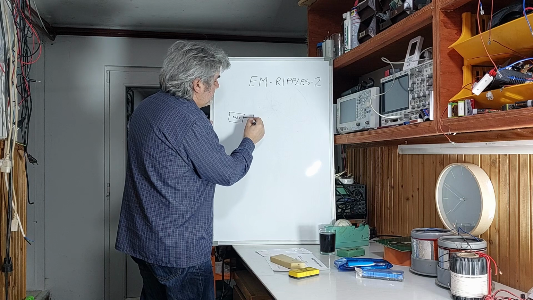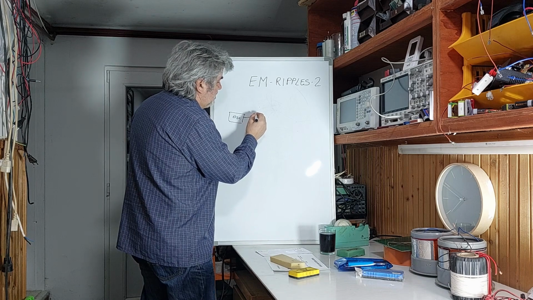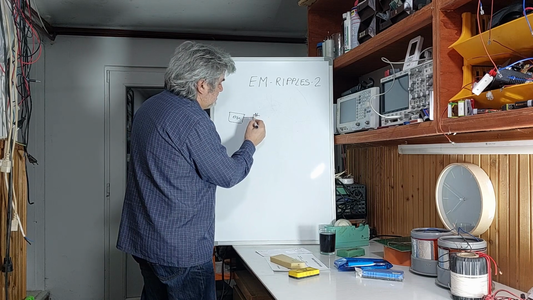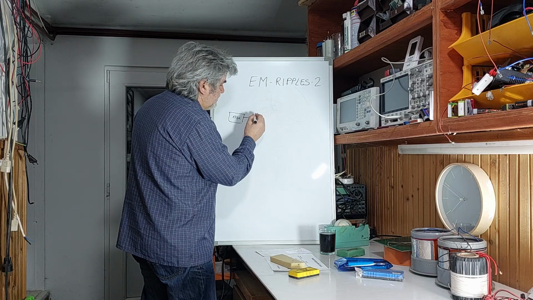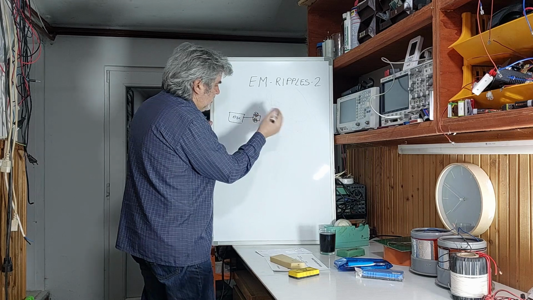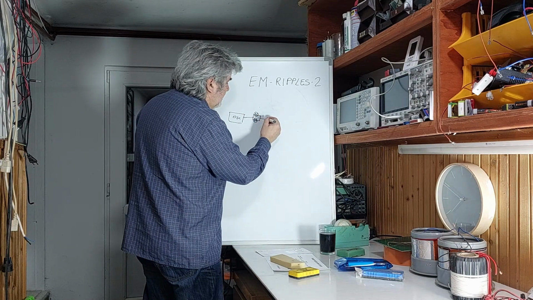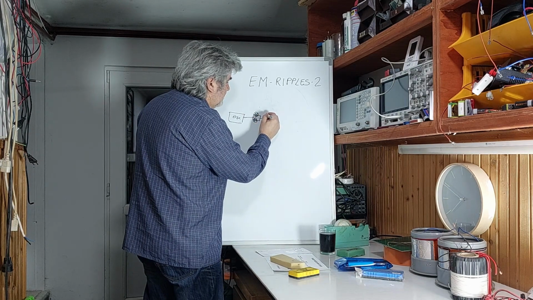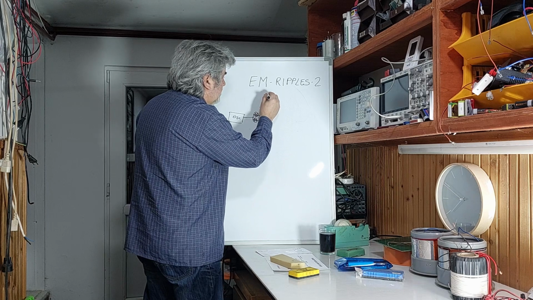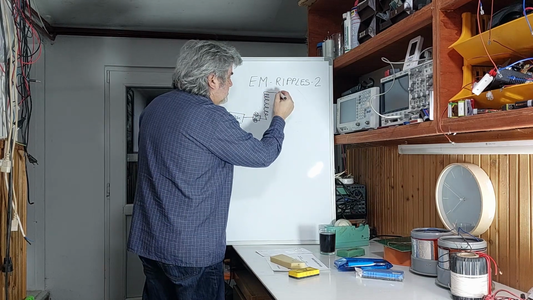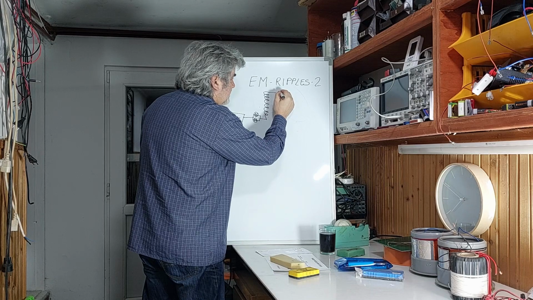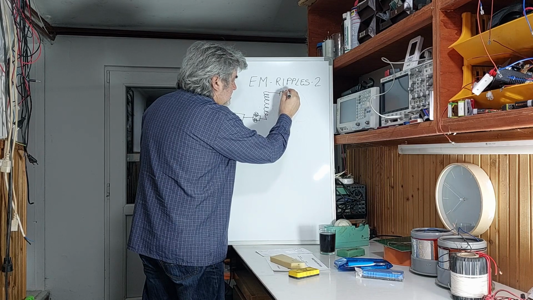I will put two LEDs in alternate combination, any kind. Then over here I will have the coil, and on the top of the coil I will have again alternate LEDs, but many.